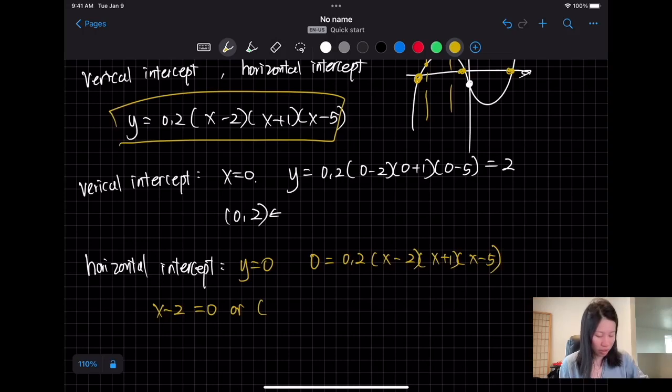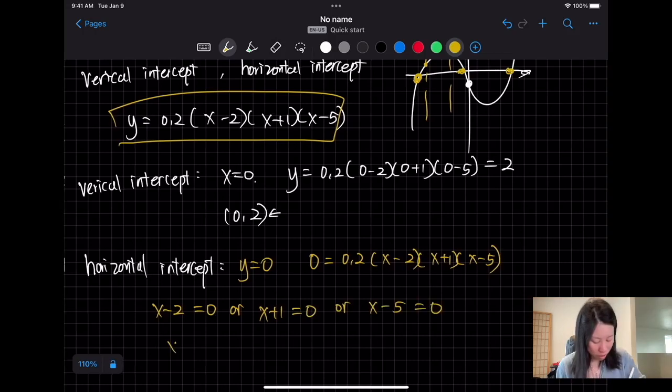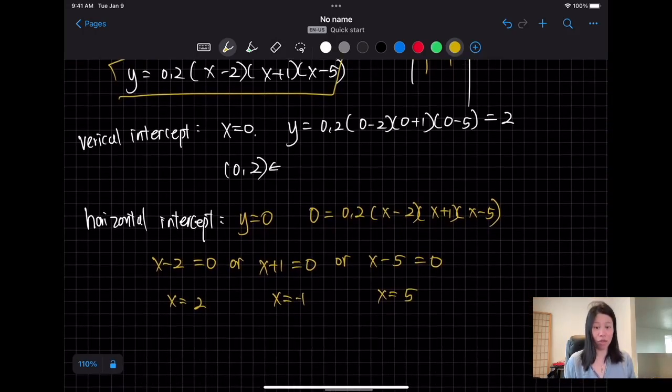Or the second parenthesis, x plus 1 equals 0. Or x minus 5 equals 0. So that means we have x equals 2, x equals negative 1, and x equals 5. So this is going to have 3 horizontal intercepts: (2, 0), (−1, 0), and (5, 0). All right, so here are the horizontal intercepts.